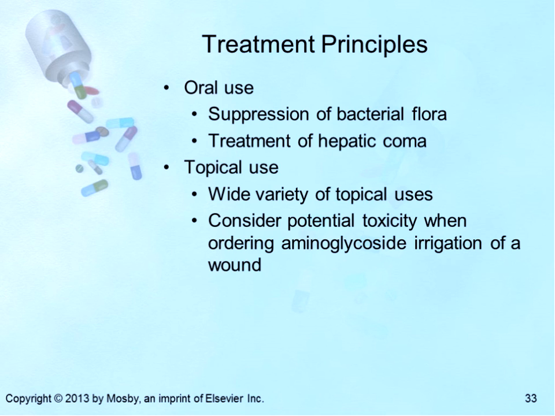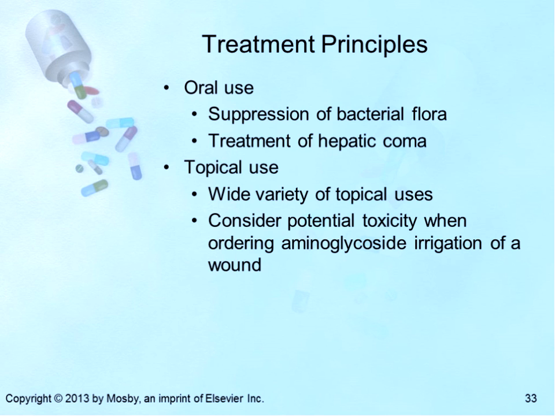Again, oral use is only for the suppression of bacterial flora and the treatment of patients with hepatic coma. Topical use: aminoglycosides have a wide variety of uses. Clinically significant serum levels have occurred following topical use.